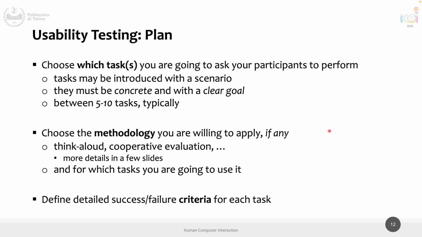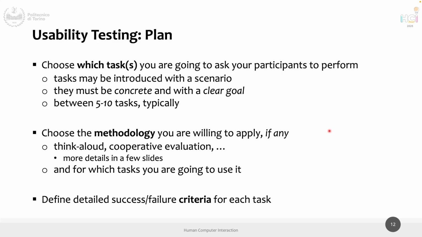So this is a scenario, and then you have the task. Tasks must be concrete and with a clear goal, and we have already talked a lot about tasks, so try to remember what we said at the beginning of the course. And for usability testing, a typical number of tasks is between 5 and 10 for a session.